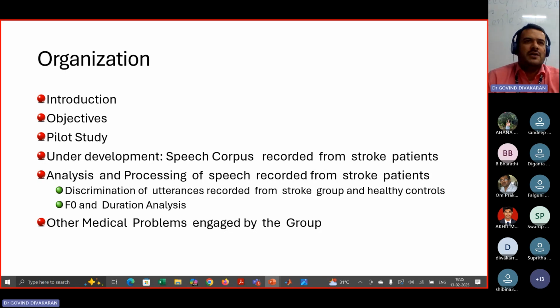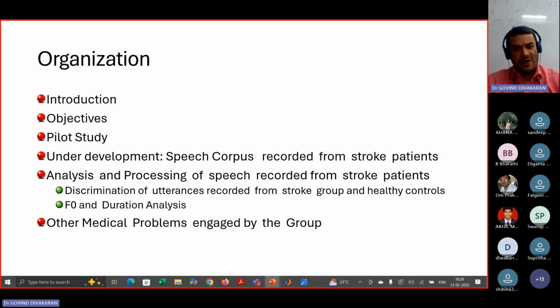TBI means whenever somebody gets a brain injury due to an accident, sometimes it may cause some sort of effect in their brain. Some part of the brain will be affected. It may not be due to stroke. Due to some accident, some trauma may happen in the brain, which in turn will affect our speech production.